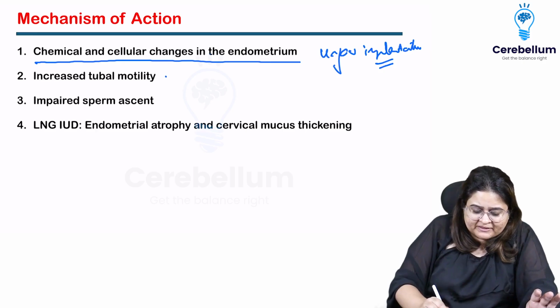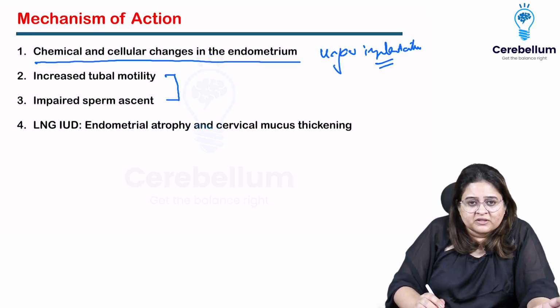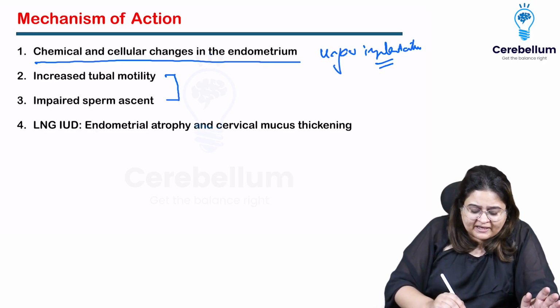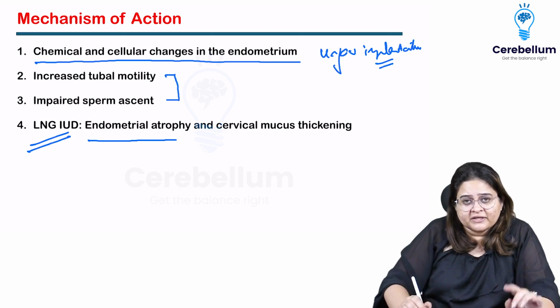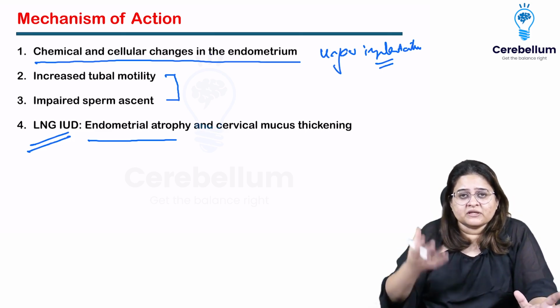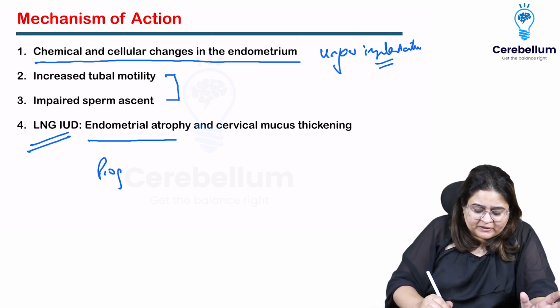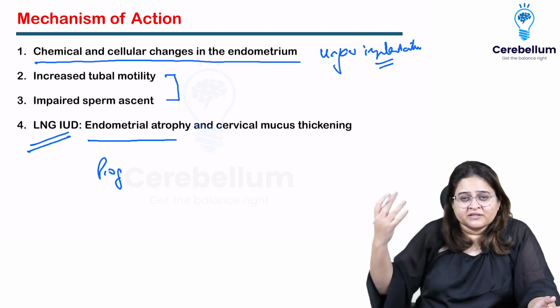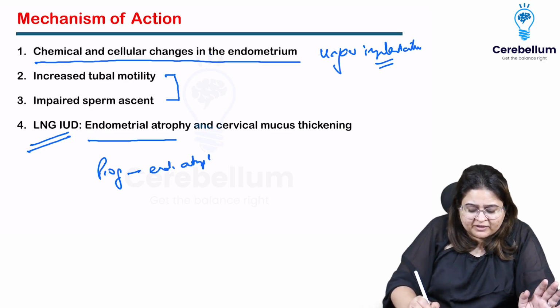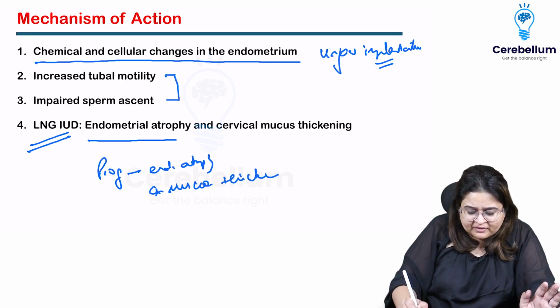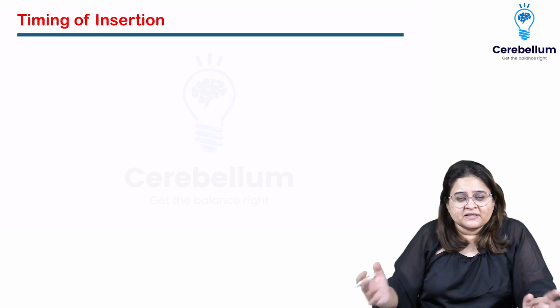Also remember, it acts also by increased tubal motility, impaired sperm ascent, and LNG-IUD, the third generation, also causes endometrial atrophy. Remember, any progesterone-containing contraception, whether it is the implant, the Mirena, the injectable, it's going to act by causing these 2 mechanisms, endometrial atrophy and cervical mucus thickening. So Mirena is going to act by this in addition.